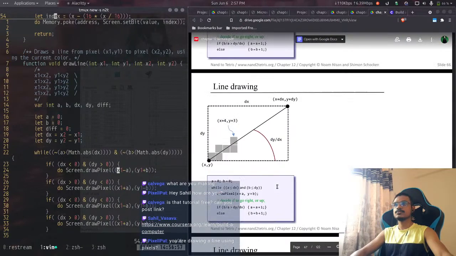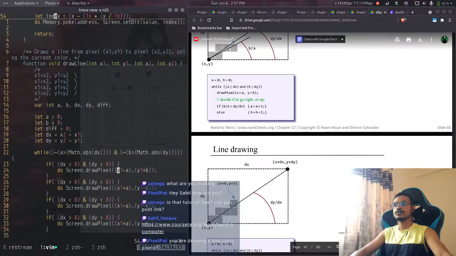So let me show you an example. If I want to draw a pixel at this point, 4 and 3 will be a and b correspondingly.